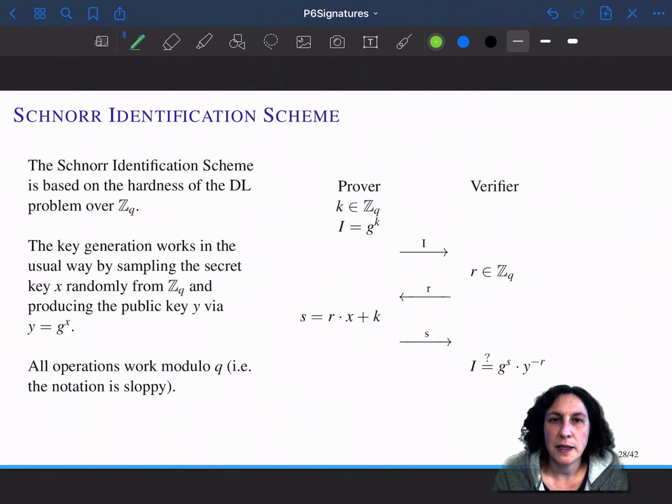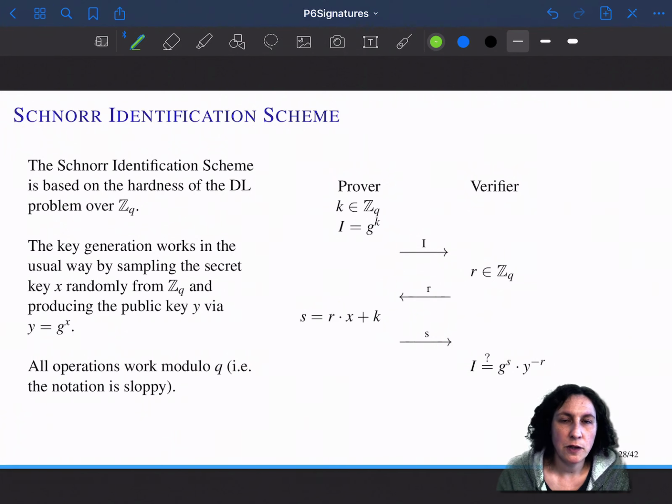So let's apply this to a well-known identification scheme. And I'm using this particular one because it's quite popular in a variety of applications. In particular, think about the case where you have a small embedded device that you use as part of an authentication process, like, for instance, your bank card.